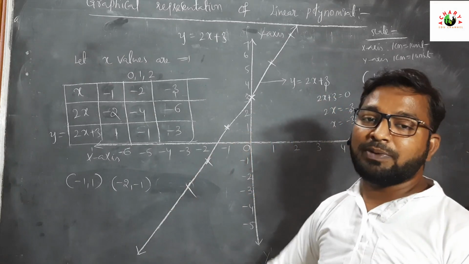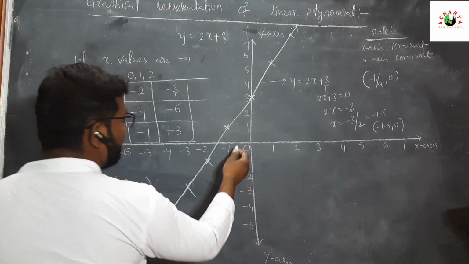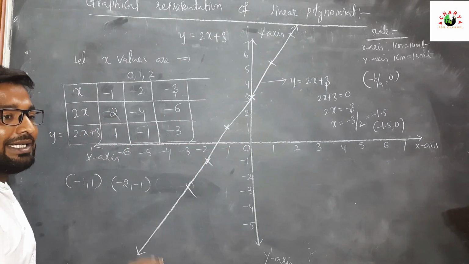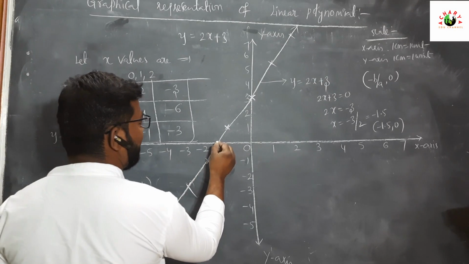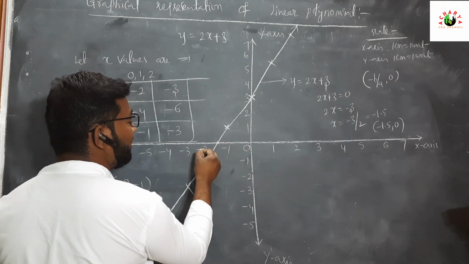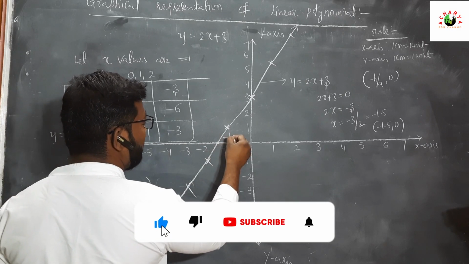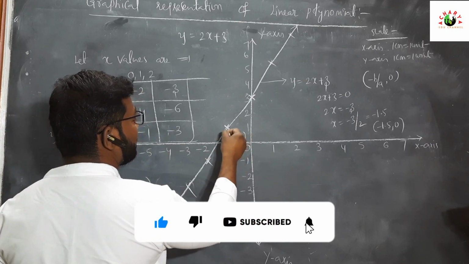In the graphical representation, once we check here, this linear polynomial touches the x-axis at a point in between minus 1 and minus 2. This is minus 1.5 comma 0.